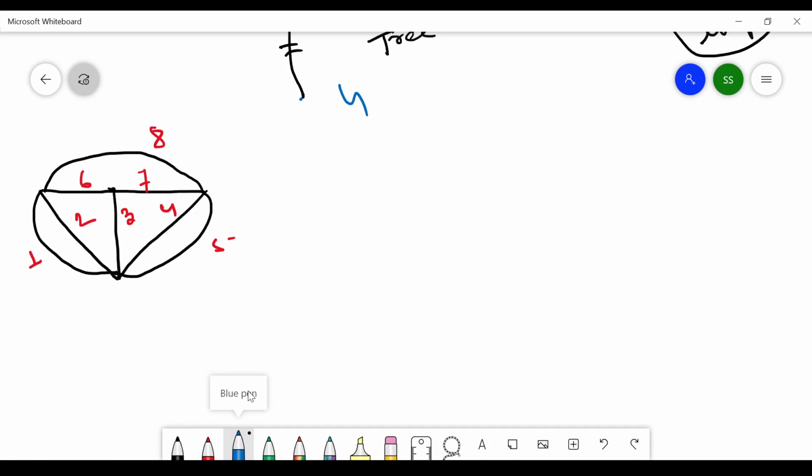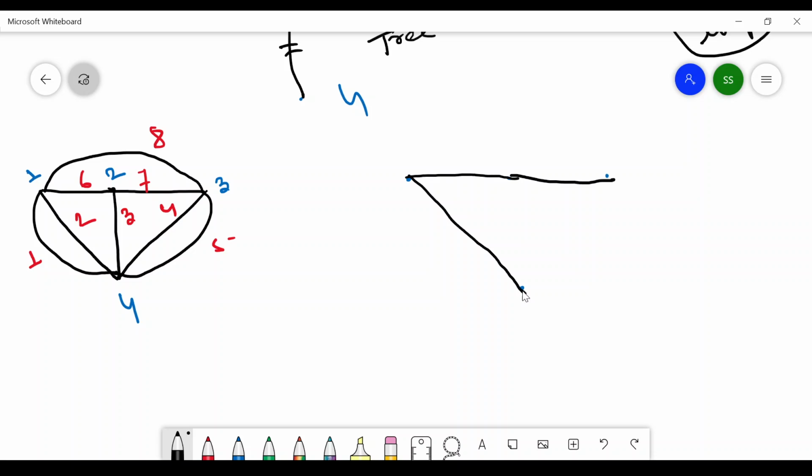Then give the node nomenclature 1, 2, 3, 4. Now let's draw a certain tree. This one is branch number 2, this one is branch number 6, this one is branch number 7.